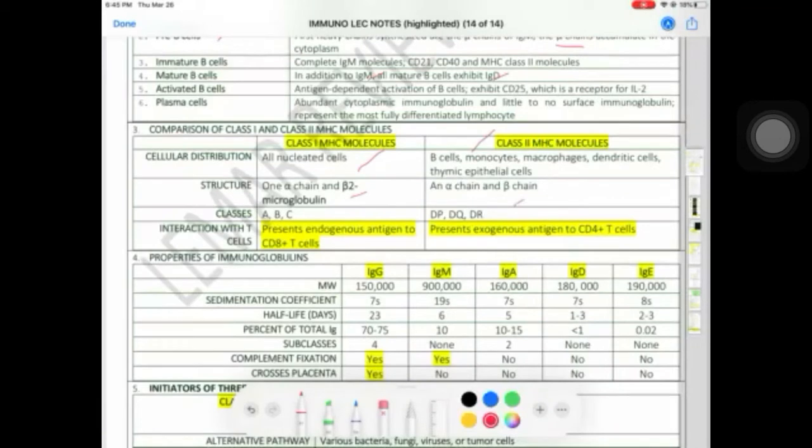Between T cell and B cell, what cell type requires HLA recognition? Yung mga T cell, for a T cell to recognize an antigen, it should be complex with HLA.